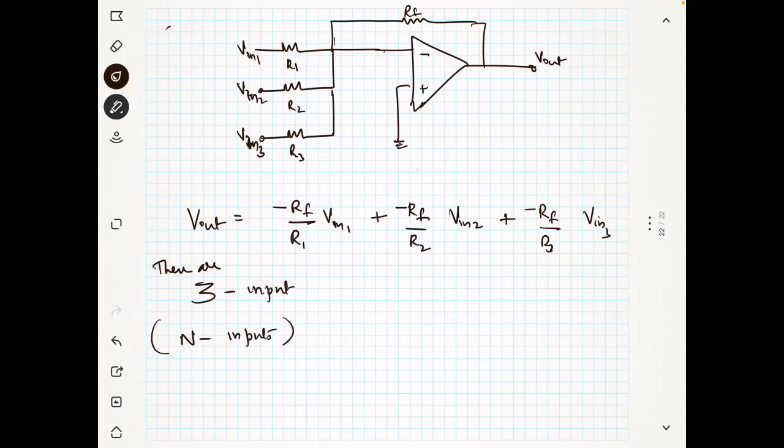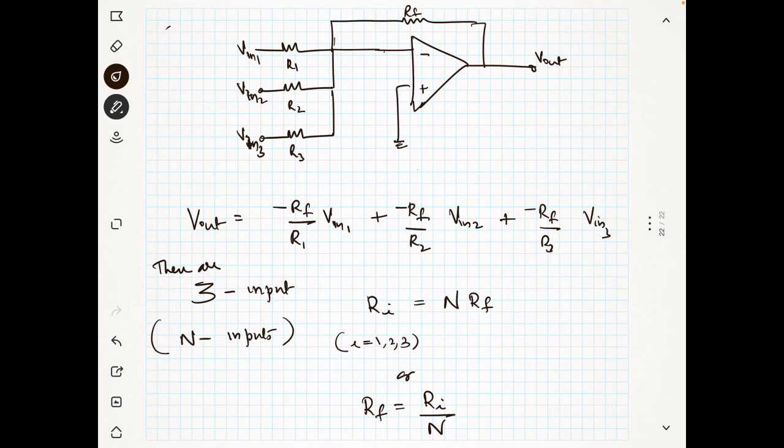We can say I am going to choose my Ri. Ri means i can be 1, 2 or 3. That means R1 or R2 or R3. I am going to choose my Ri equal to n times Rf, or I can say my Rf is equal to Ri by n.